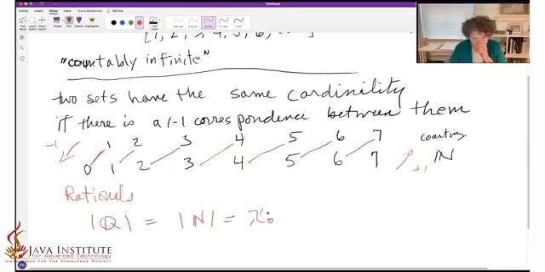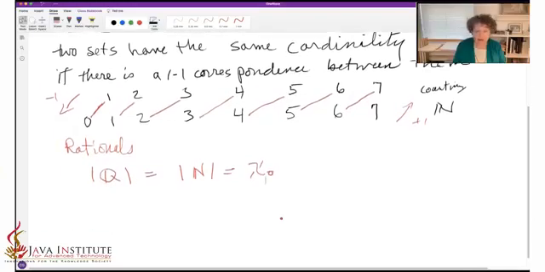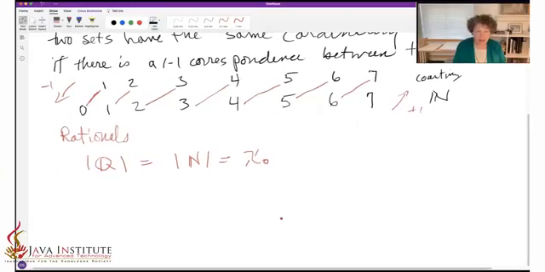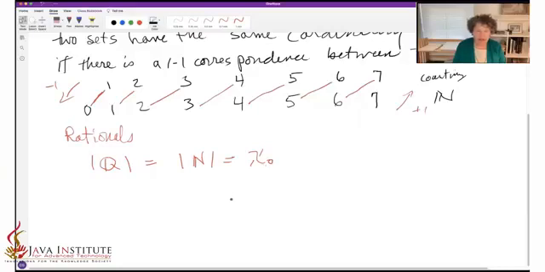And we saw how to do that with the grid. And in fact, we're going to do some more Hilbert's Hotel problems, and we'll review this.